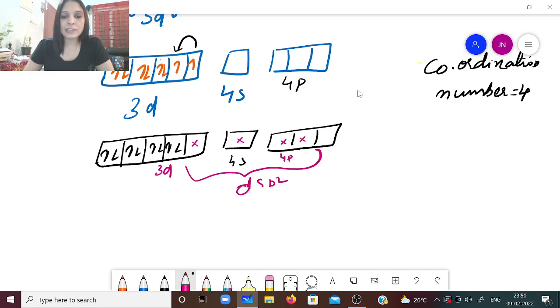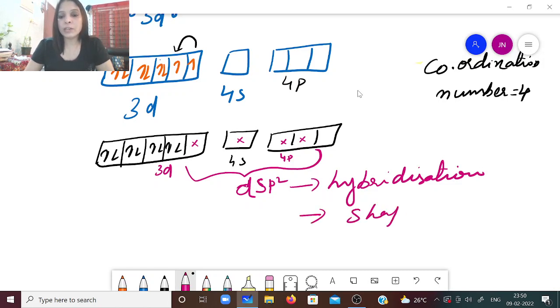So we have dsp2 hybridization. Now, whenever there is dsp2 hybridization, the shape will be square planar. Since the inner 3d orbital is involved, it is an inner orbital complex.